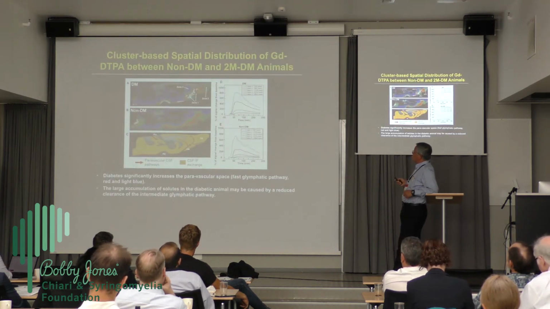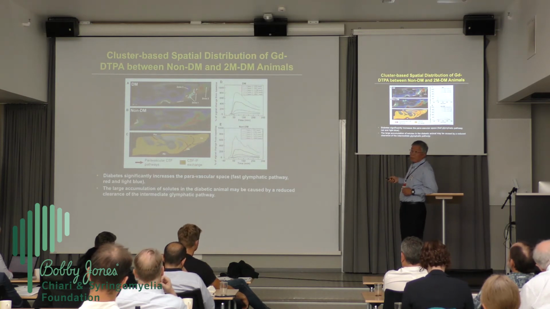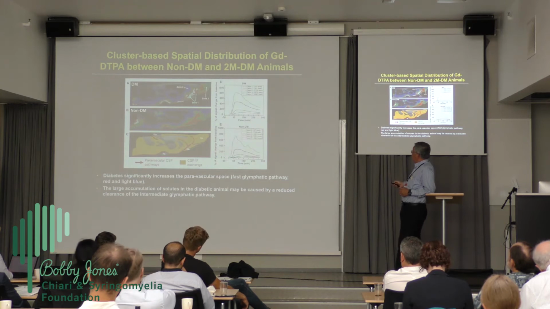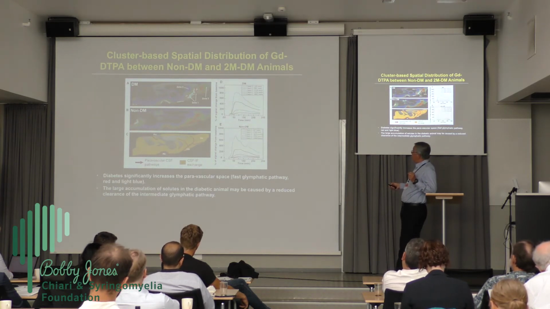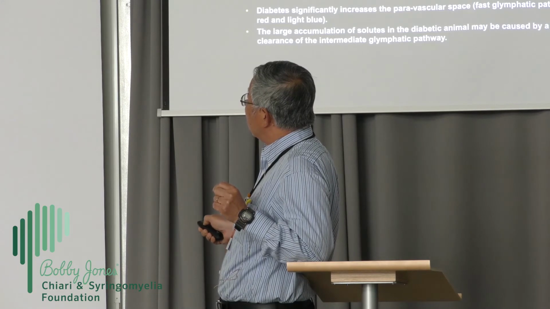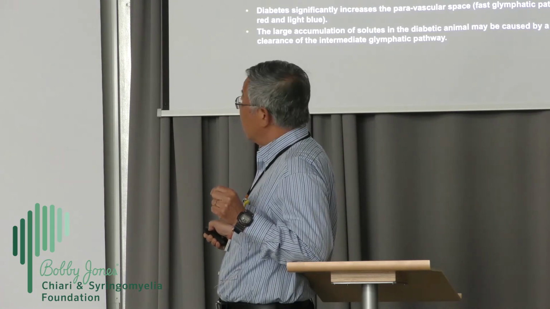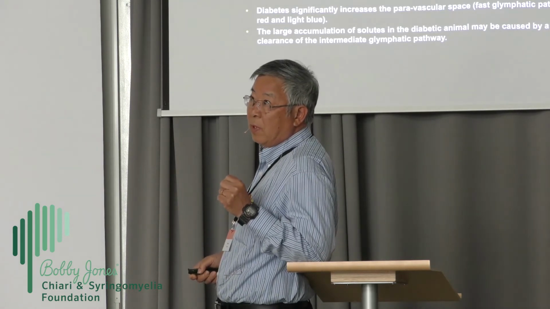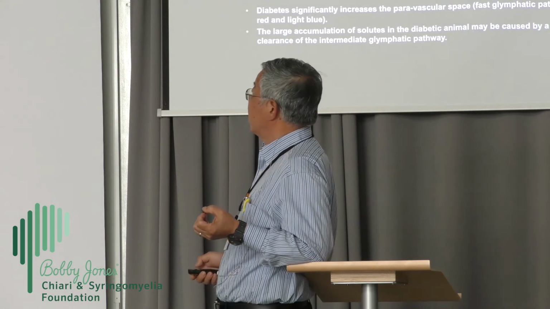And then we performed another analysis, a cluster-based analysis. We check the temporal profile for each pixel. If the pixel has a profile like the light blue or red one, showing quicker input and quicker clearance, we assign this kind of pixel as the fast glymphatic pathway.